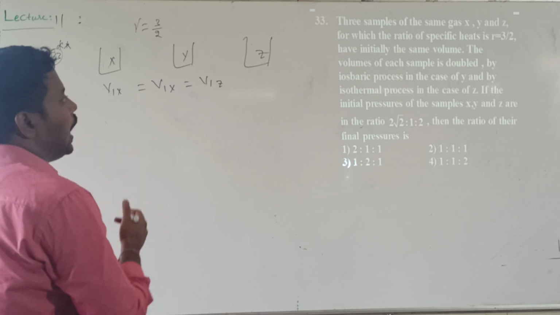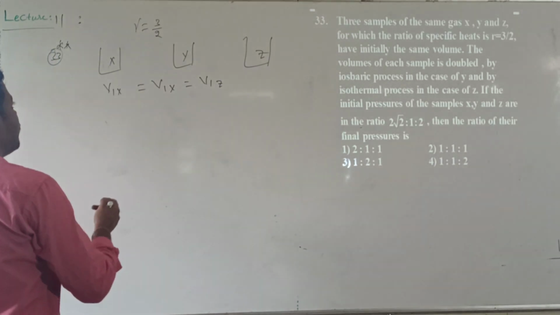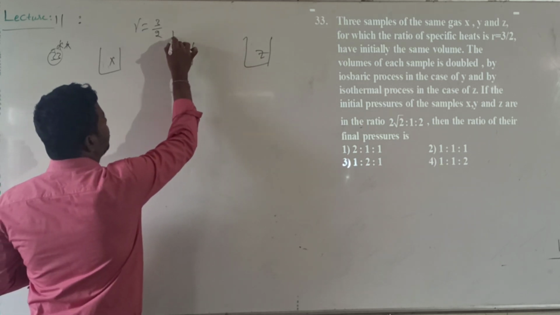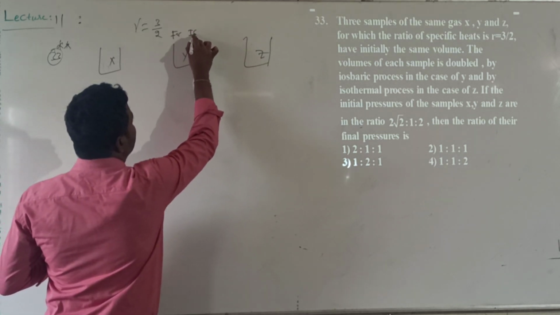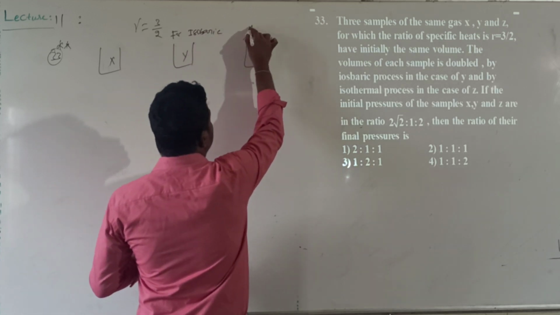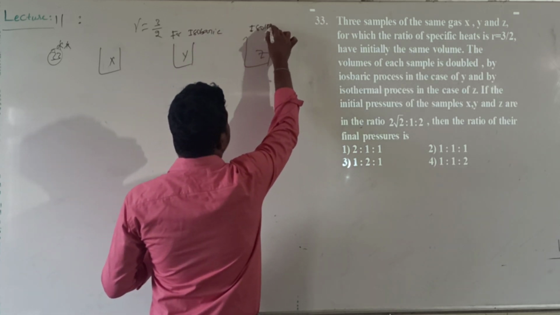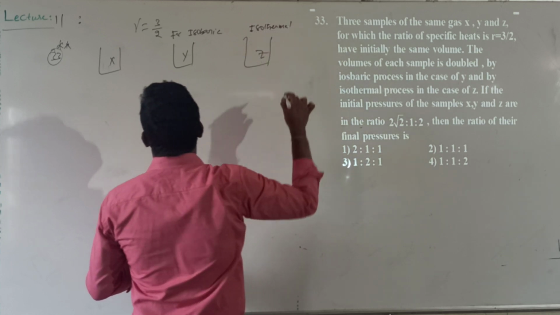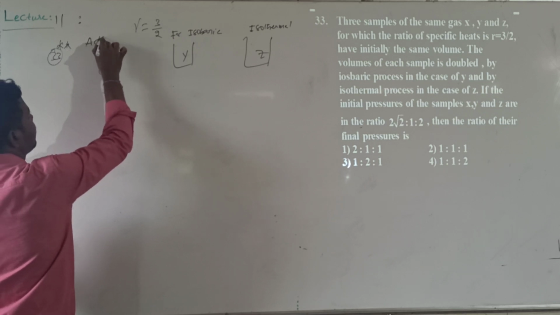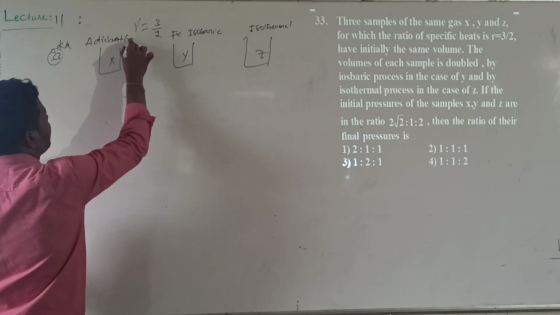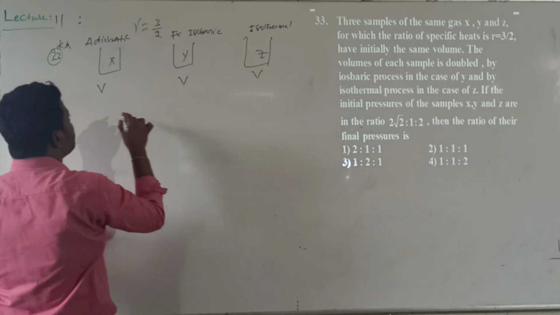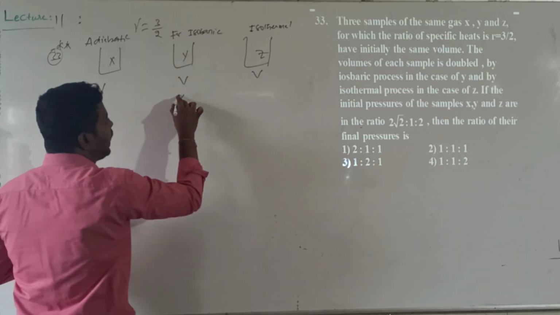By isobaric process in case of Y, this is for isobaric, and Z is for isothermal, whereas X is for adiabatic. The three samples have initial volumes V and final volumes 2V, 2V and 2V.